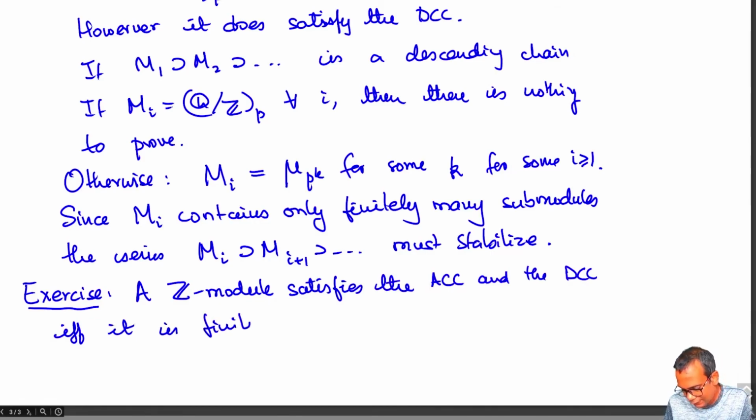Clearly, if it is finite, then it can have only finitely many submodules, and so it must satisfy the ACC and the DCC. The converse you need to think about why it's true. So if a Z-module is infinite, then either the ACC or the DCC must fail.